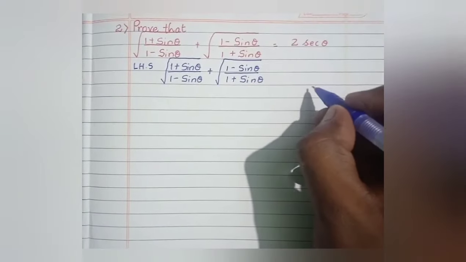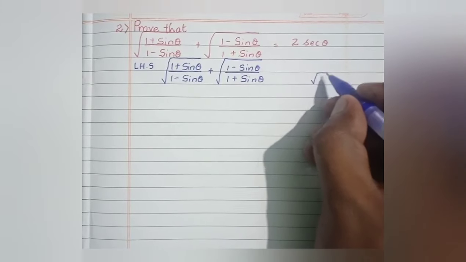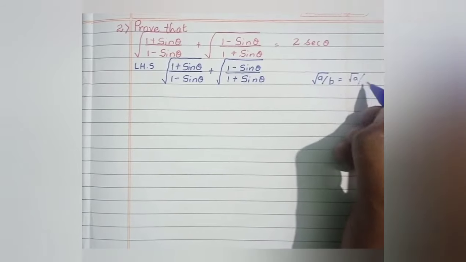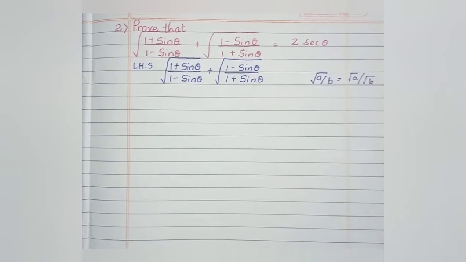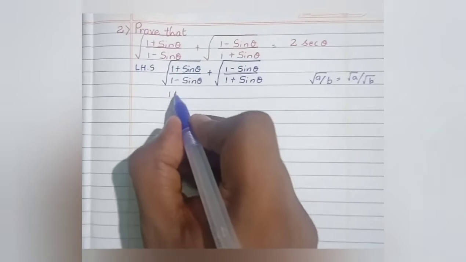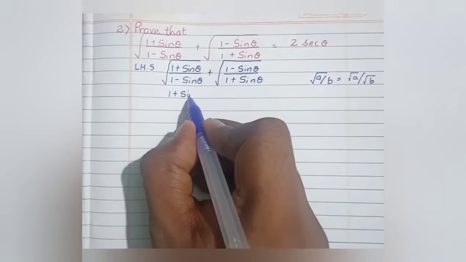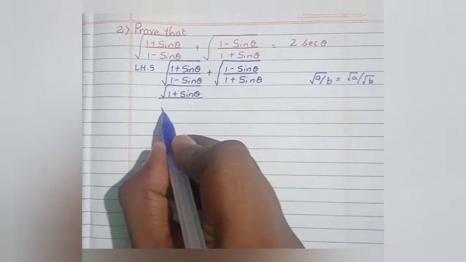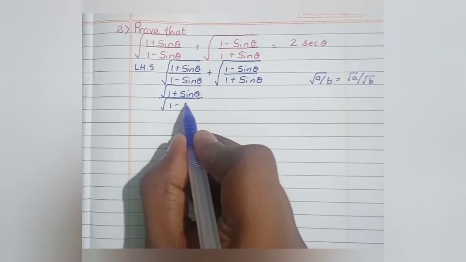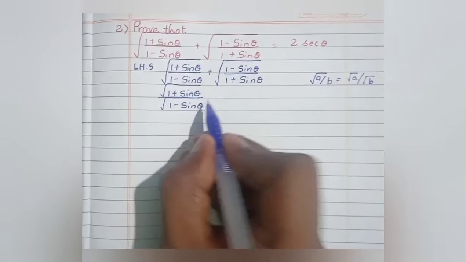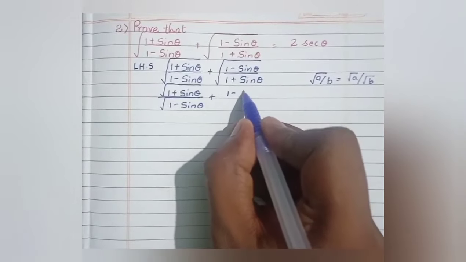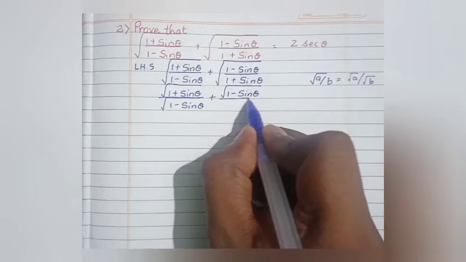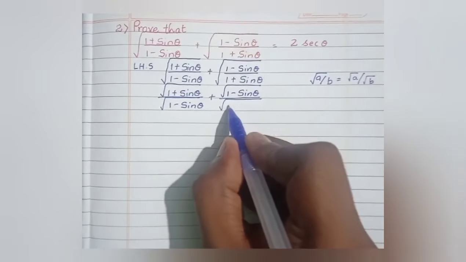Now root of A divided by B can be written as root A divided by root B. The same way I'll express root of 1 plus sin theta whole divided by root of 1 minus sin theta. The similar way, root of 1 minus sin theta divided by root of 1 plus sin theta.